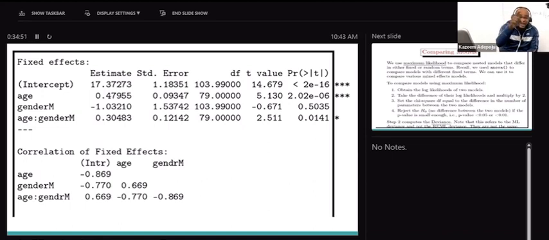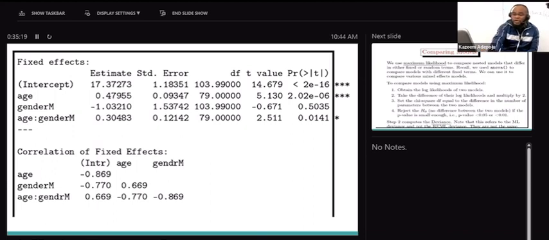That significance is telling us a new story. The story is that age, even though the distance we're talking about changes over time, depends on whether you are female or male. Because of the fact that the interaction is significant.